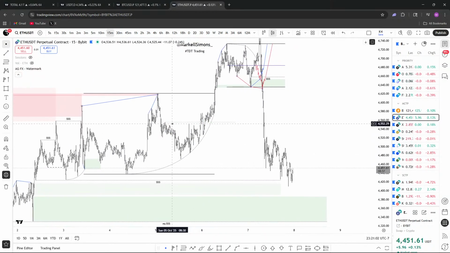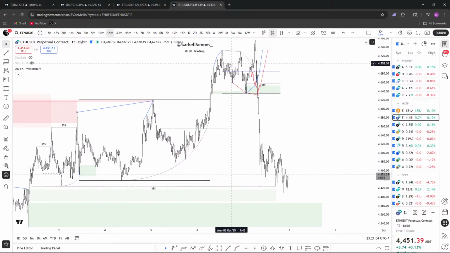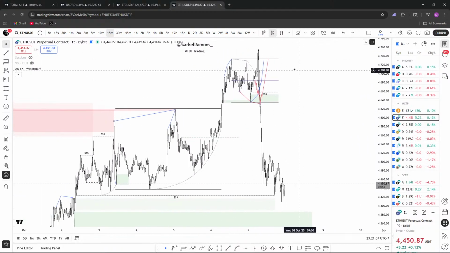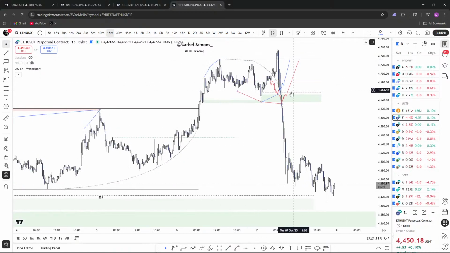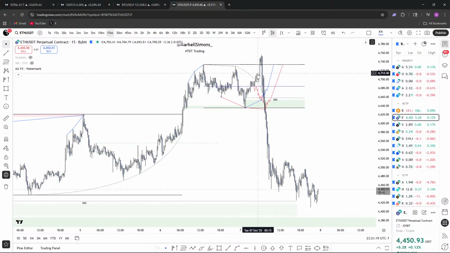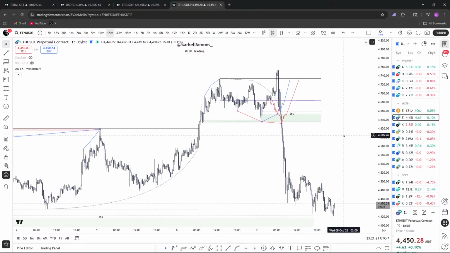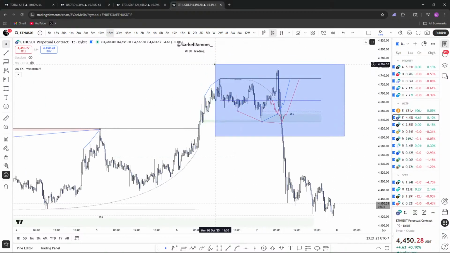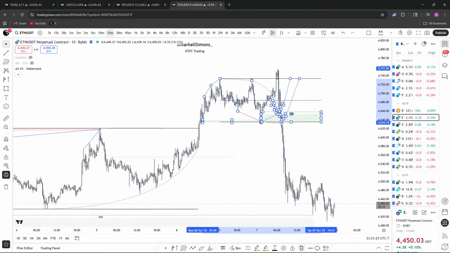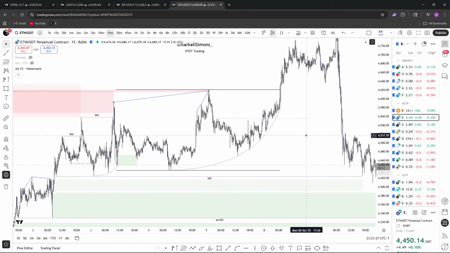So I was already looking at this as a potential bearish PO3, right? But then I was like, hold on, we could accumulate here. So I was just like, okay, we either gonna accumulate, go higher, or maybe we start to create a valid distribution schematic. We did not have a valid distribution schematic, so yeah, no entry on Ethereum.